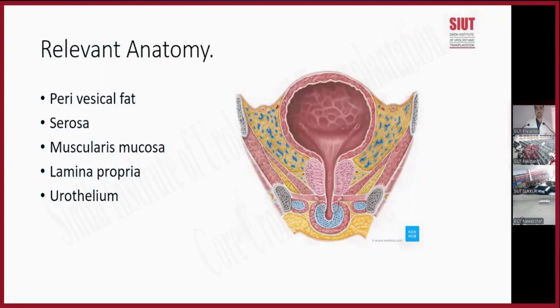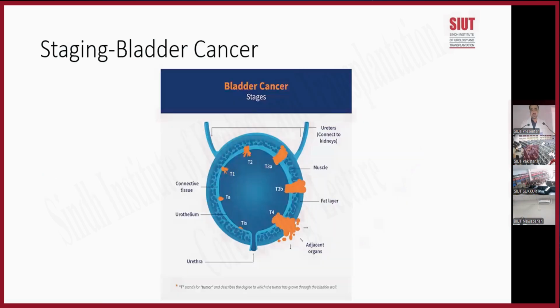The relevant anatomy of the bladder is important for the staging of bladder cancer. From outer to inner side, it is perivesical fat, serosa, muscularis, lamina propria, and urothelium. Tis is a flat tumor which is confined to the urothelium of the bladder.